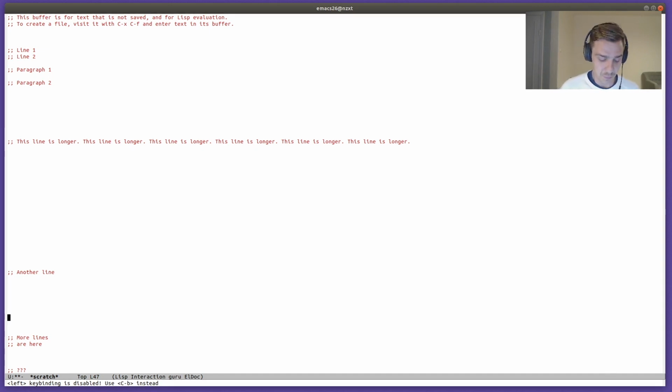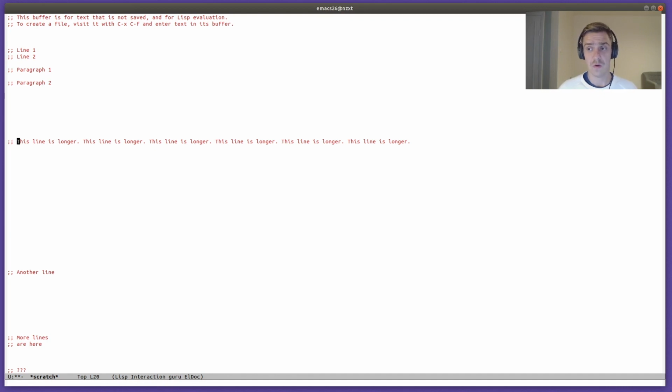So instead of that, we are supposed to use Control F, Control B, Control P, and Control N to navigate between the lines and between the characters. When it comes to moving between the words, instead of using Control forward, Control left, Control right, we should use Meta F and Meta B instead.